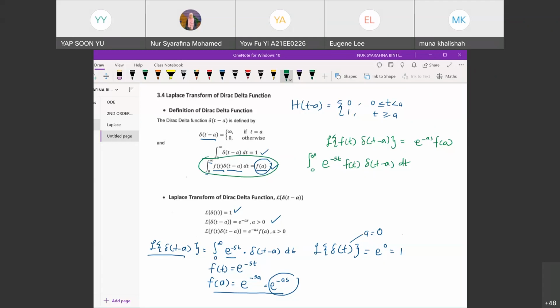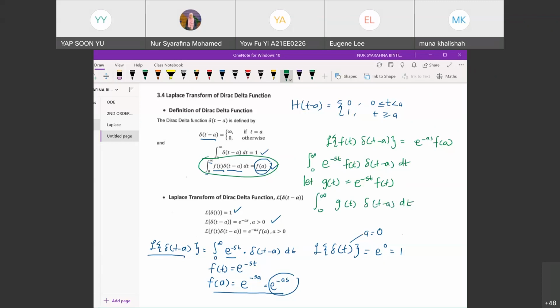Let me make it more detailed. Let g(t) equal e to the power of negative st f(t). So now we have the integral from 0 to infinity of g(t) delta(t minus a).